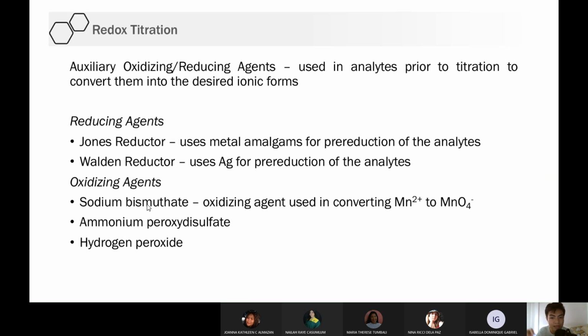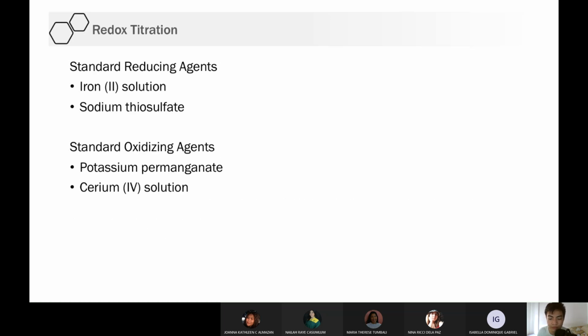So hinahalo lang sila sa analyte. That is not the same with acid base, no? Kasi sa acid base wala tayong dinadagdag sa analyte other than the indicator. Dito, bukod sa indicator, maglalagay ka pa ng mga chemicals na to so that our analytes will be on the desired ionic form. They will not react with the air, no?